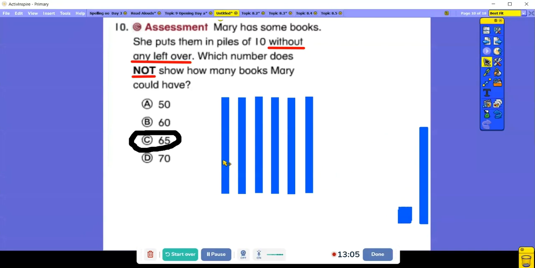So we already have 10, 20, 30, 40, 50, 60, 70. And again, counted by 10s, but there aren't any leftovers. So to answer the question, which number does not show how many books Mary could have? It would be C, 65, because that was the only number with leftovers.